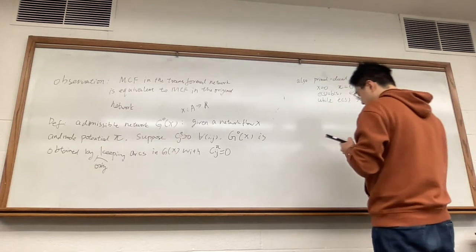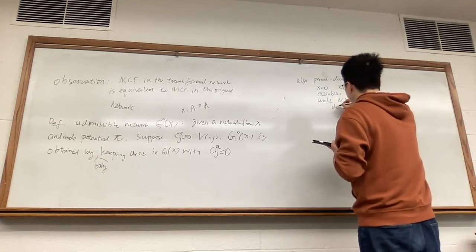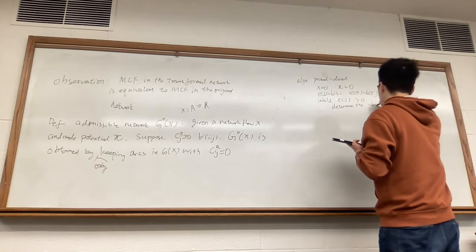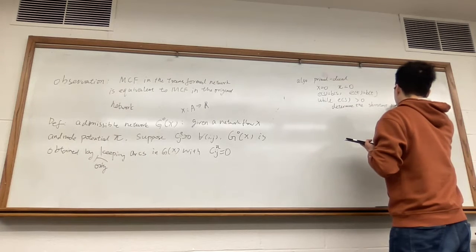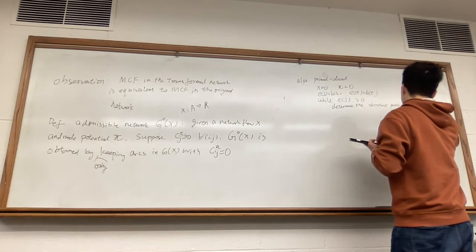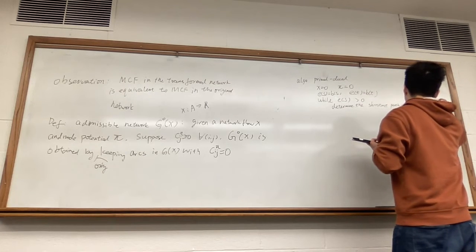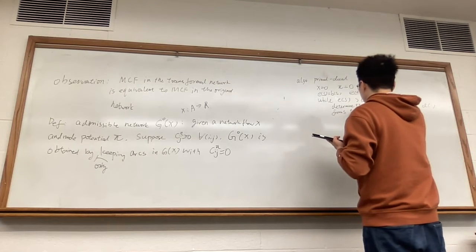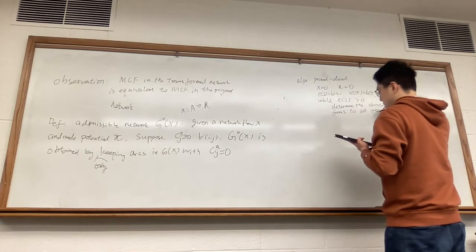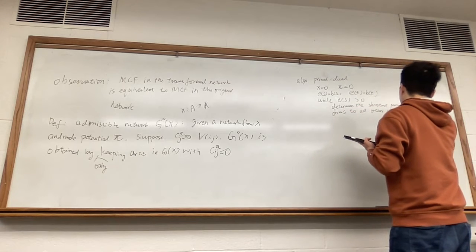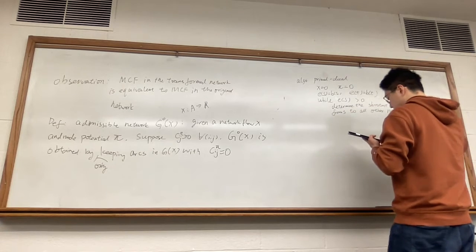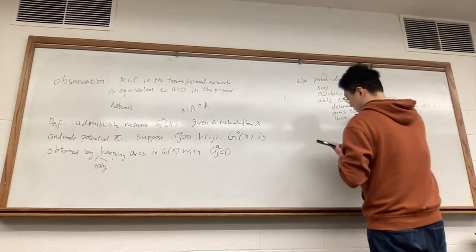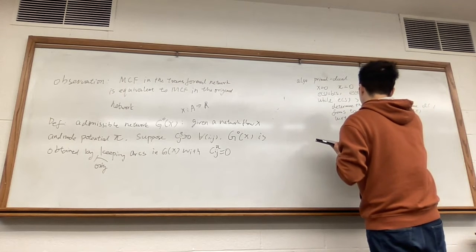What should we do? We need to determine the shortest path distance, let's say d, from S to all other nodes in GX with respect to Cij pi.